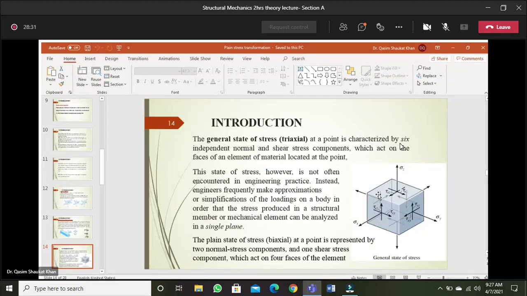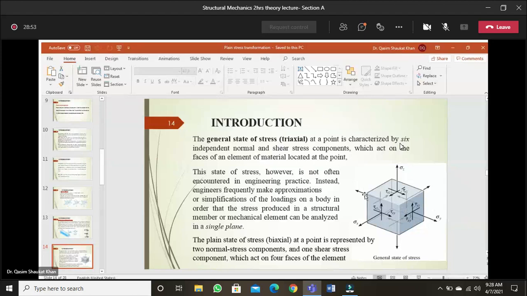So it means that if we can calculate the normal stresses and the shear stresses on three faces, then the other three faces have normal and shear stresses that are basically complementary stresses.